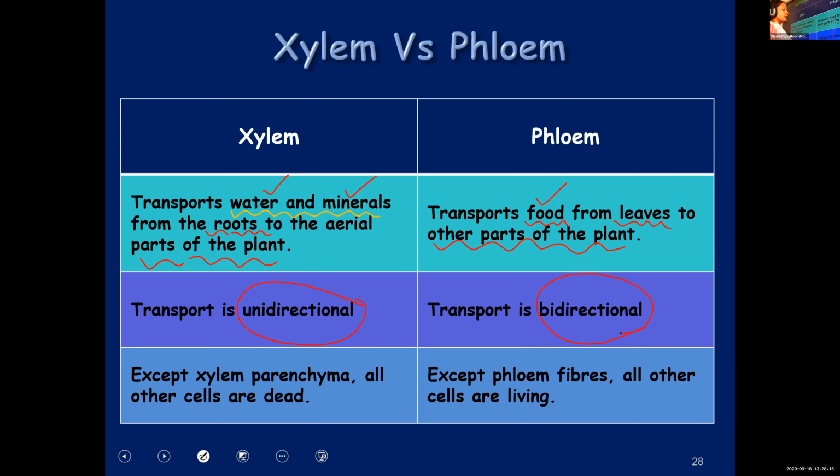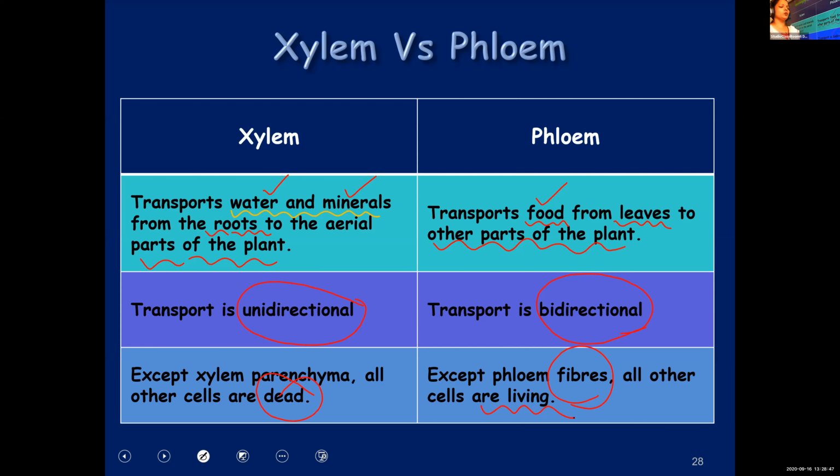Now the last and final point: in xylem, the majority of the cells are dead. Except xylem parenchyma, all other cells are dead. Only xylem parenchyma is living. Now in phloem, except phloem fibers, all others are living. In phloem, the majority of the tissues are living. In xylem, the majority of the tissues are dead.